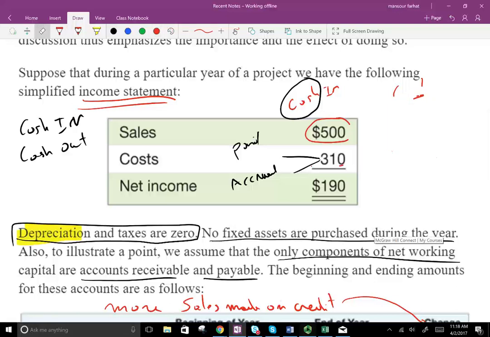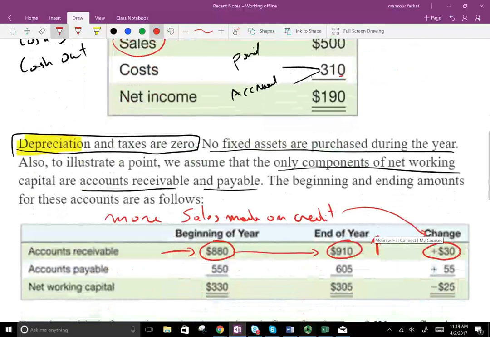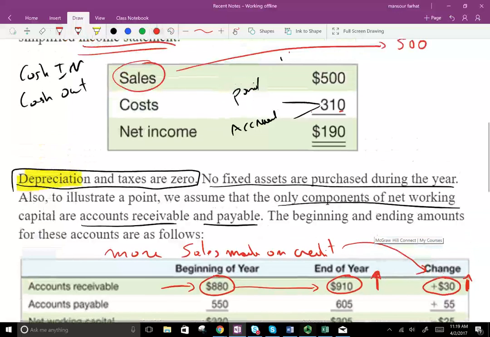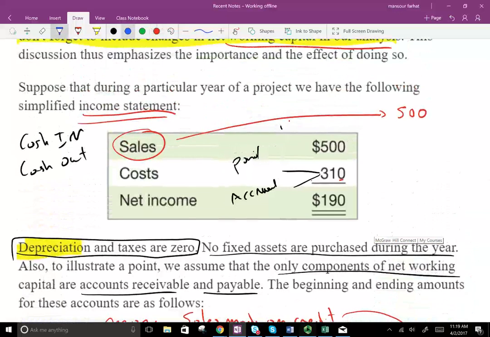Here's what's happening here. We are told in this example that sales is 500, which is given right here. Then we are told account receivable went up $30. What does that mean? Well, if account receivable went up, it means some of that sales was on credit.